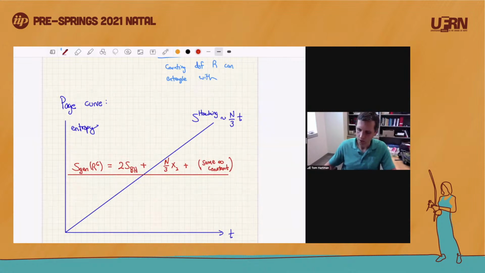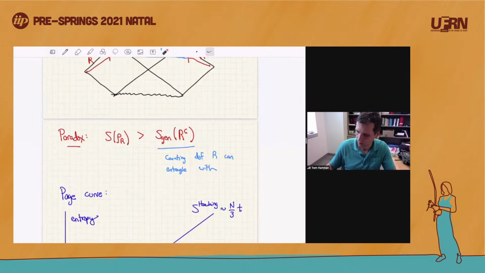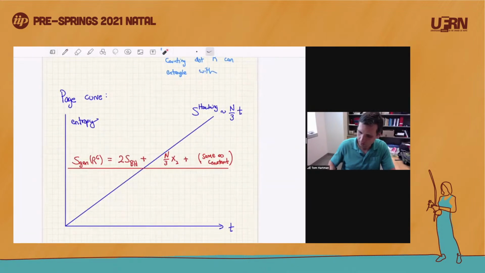So the point is that this region that we're entangled with has a maximal entropy, which is S gen. So when we exceed that entropy in the radiation, that's where we have a problem. This generalized entropy is giving us an upper bound consistent with unitarity. At this early time, as we start to collect the radiation, there's no problem.